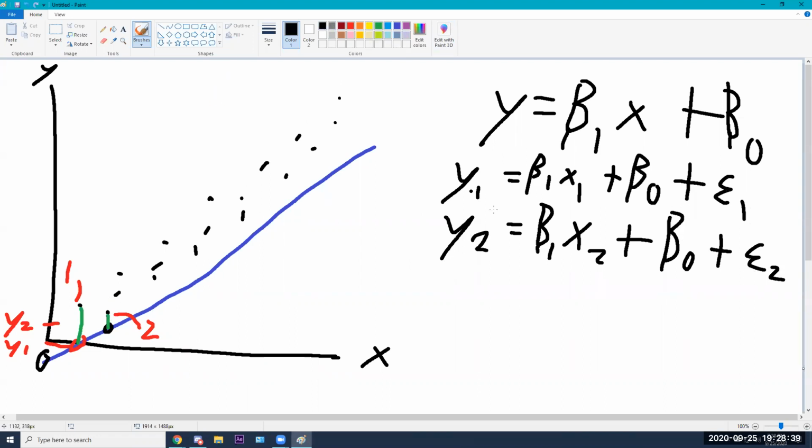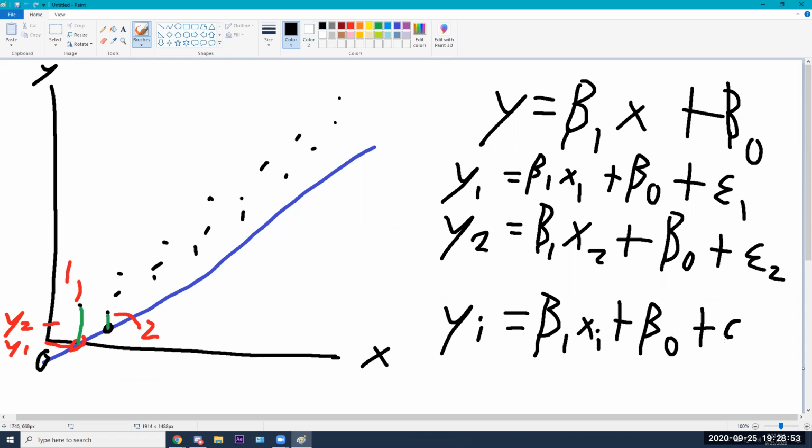Right? And so you can see that for any point yi, you can express it as beta 1 xi plus beta naught plus the error term. This is how we express each y value in terms of the line and an error.